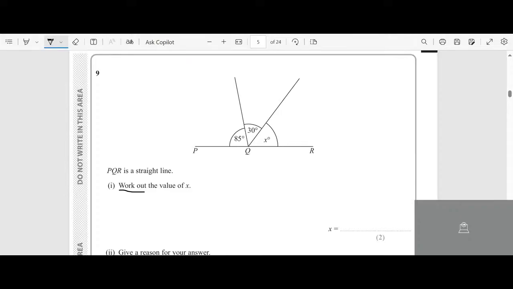You can do it two ways. Some students just take 180, then subtract the two. Some students add first, then subtract. All of this will land you at the right answer. So there's no problem with that.